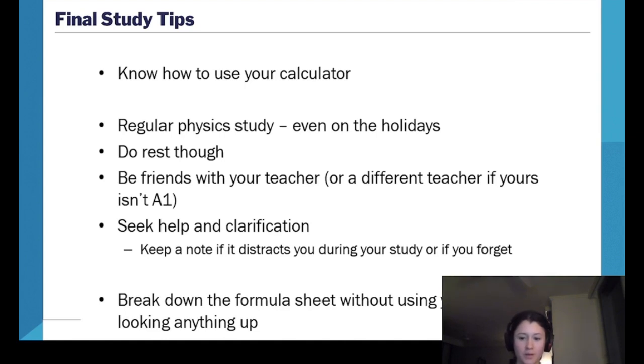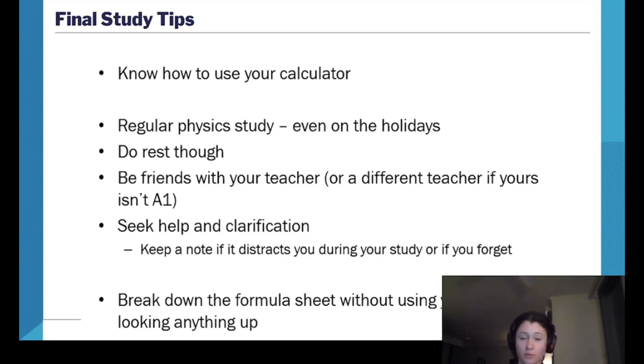All right, my next tip is to be friends with your teacher, or a different teacher if yours is absent. I know it's really difficult if your teacher is not as interested in teaching you, if they have other things to be doing.